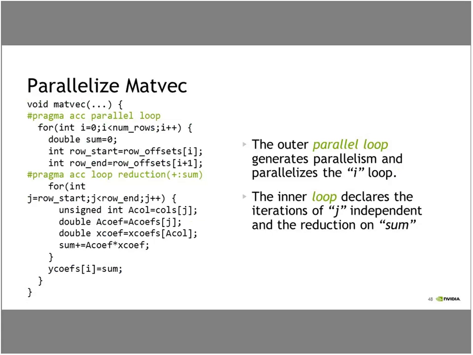Now, if I only put acc parallel loop, what I have told the compiler is first, generate parallelism, and second, this next loop is one that is safe to parallelize. A compiler is free to stop there and only parallelize that loop. However, all of the OpenACC compilers I have used will actually do a complex analysis and figure out for itself, hey, by the way, this loop is also one that I can parallelize, going above and beyond what is required.